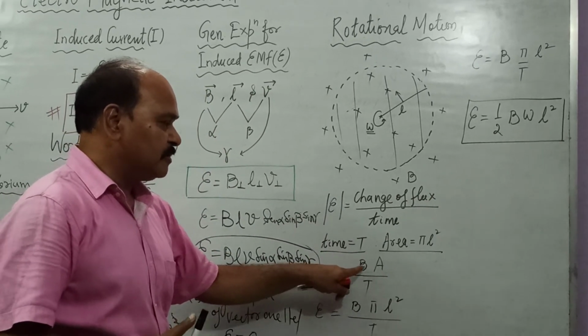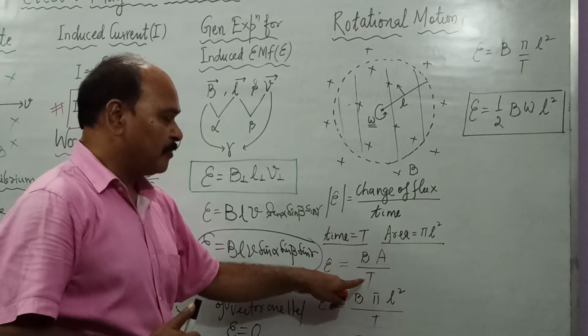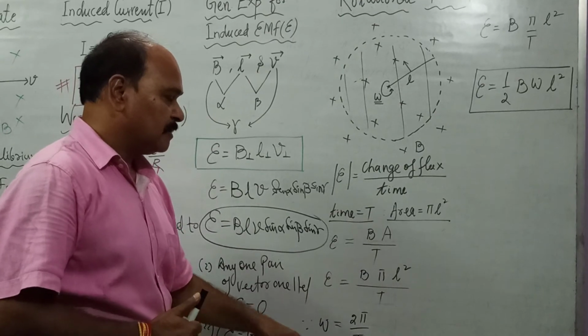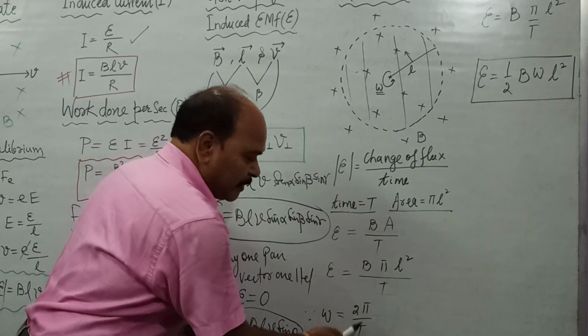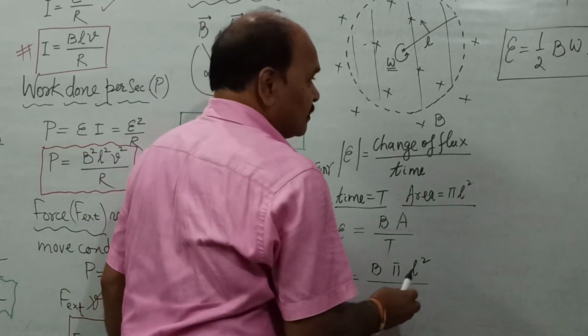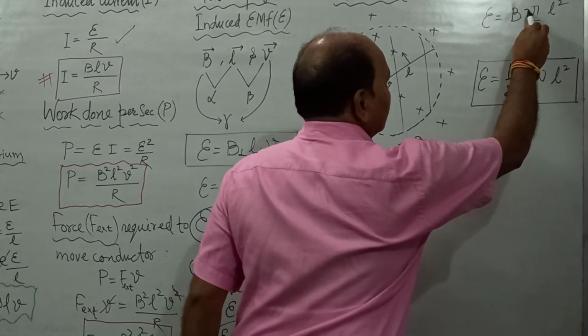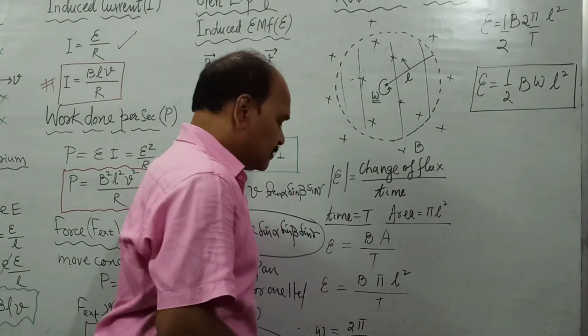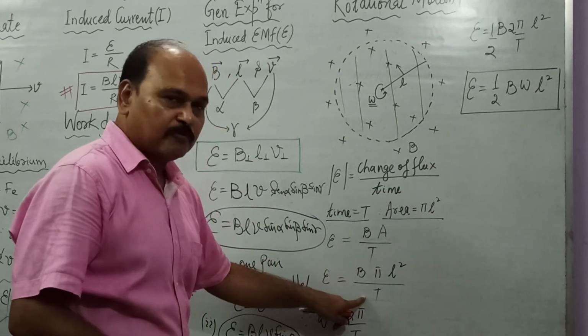Change of flux is B into A, the area swept, upon T. What is the area? Pi L square. We know omega is 2 pi by T. So we multiply by 2 and divide by 2.